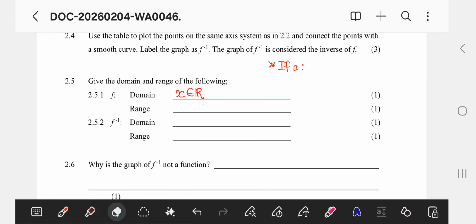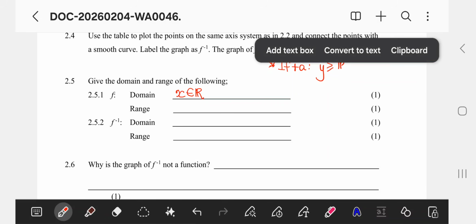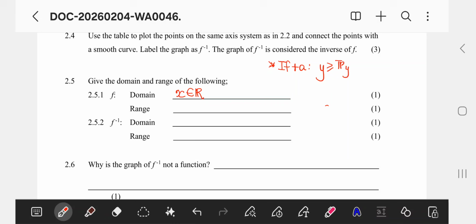If it is a positive a, then your range is y is greater than or equal to, and normally we say q, but I'm just going to change it for now and say TPY. So y would be greater than or equal to whatever the y coordinate of the turning point is. But if it is a negative a, it would be the opposite. Y would be less than or equal to TPY.